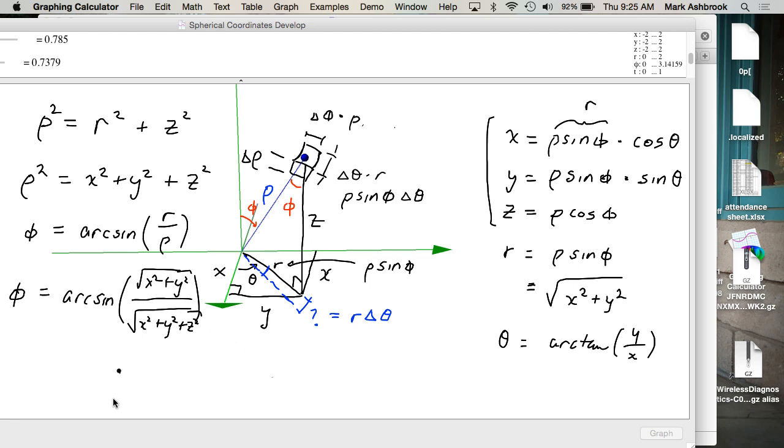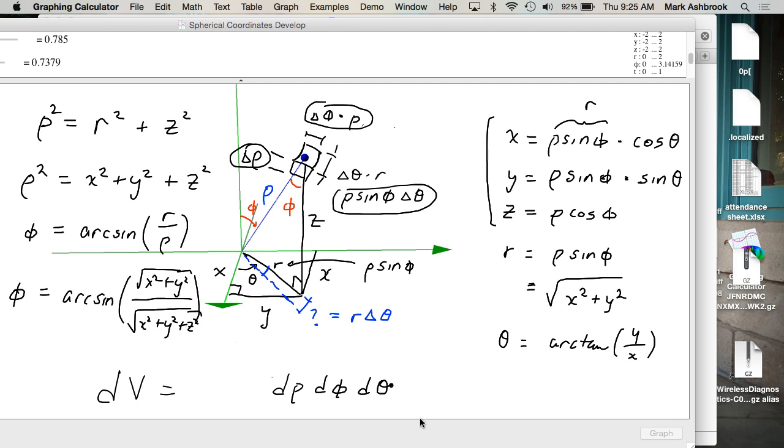So what will dv be? dv will be length times width times height, made very small. So we're going to have d rho, d phi, d theta. But what else do we have?